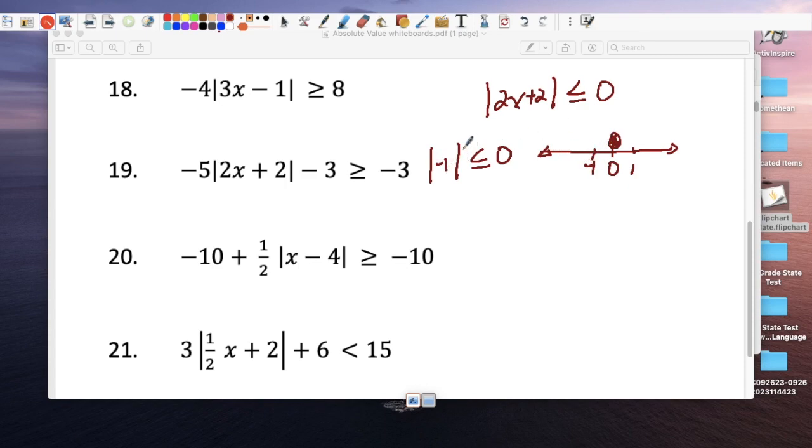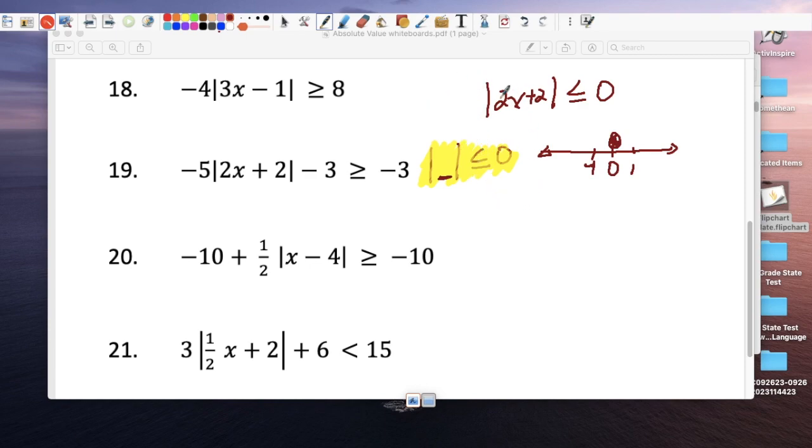If I take the absolute value of -1, it's 1. Is that less or equal to 0? No. So the only value that I can plug in here, just focus here, is 0.